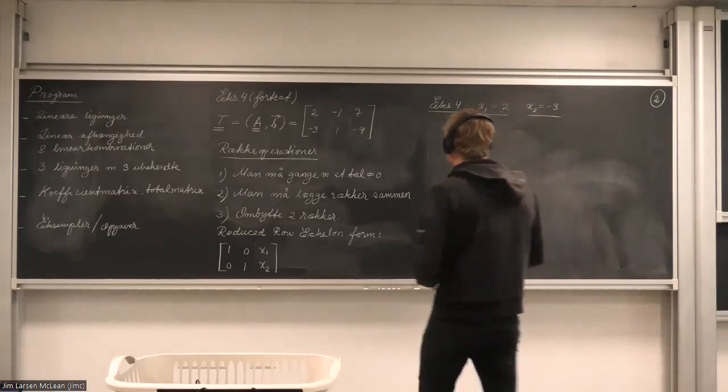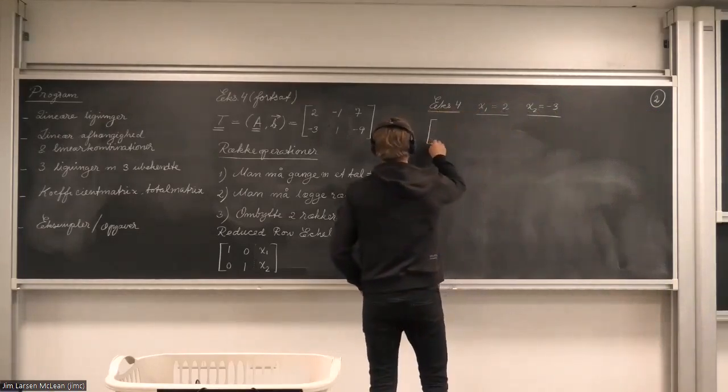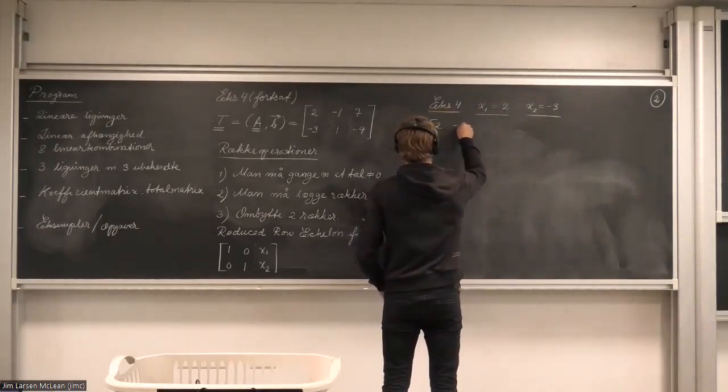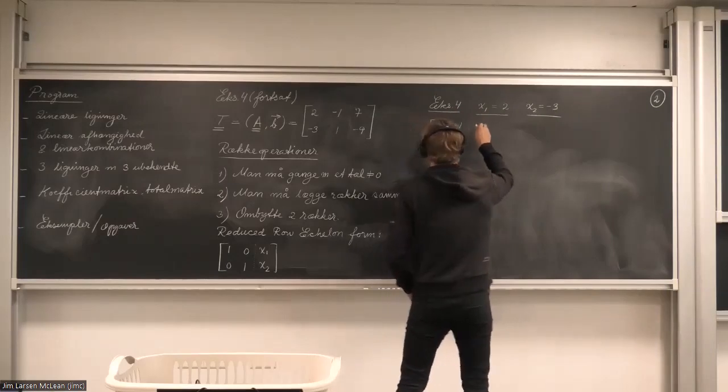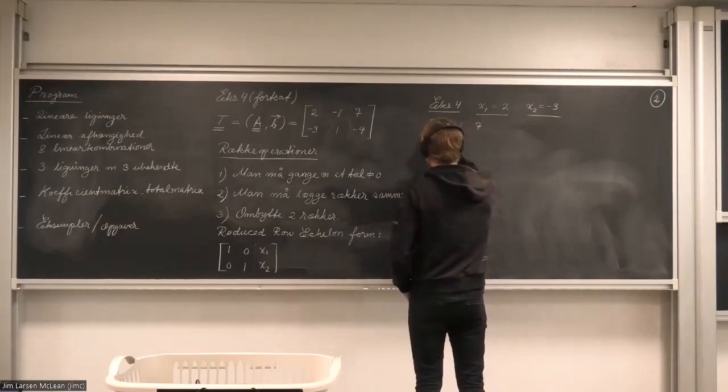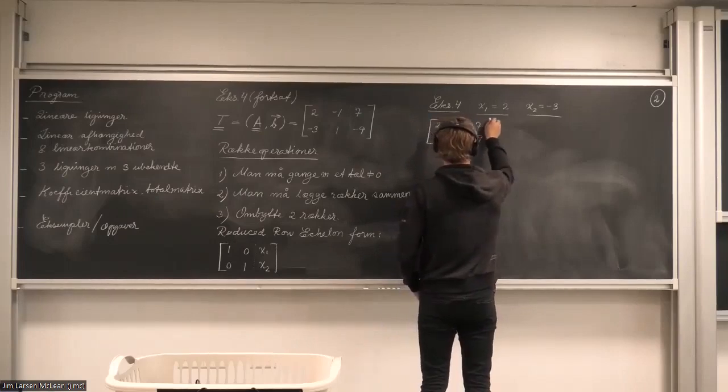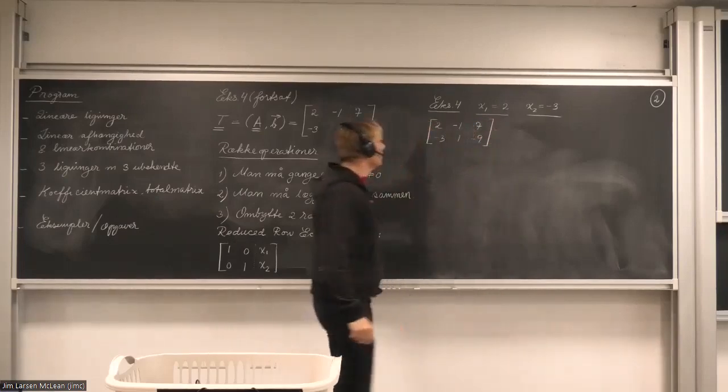So I had an augmented matrix that looked like this. 2, minus 1, 7. Minus 3, 1, and minus 9. And now I want to do something with it.